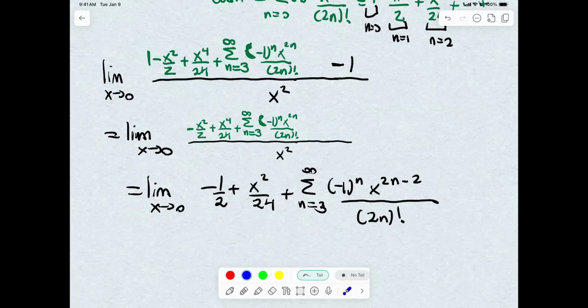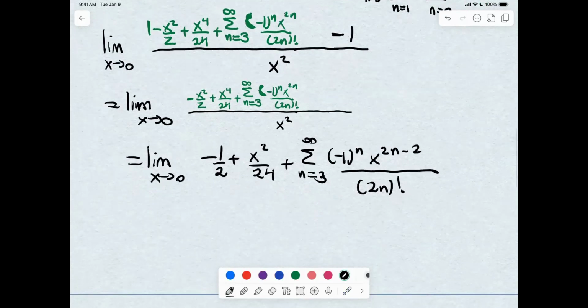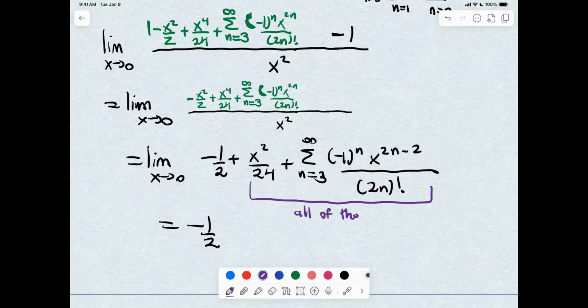The important thing here is that as x goes to 0, this will go to 0 because it has a power of x, and all of these also have powers of x, so they don't contribute in the limit. So in the limit, all of this goes away, and then you just get -1/2, which is the same thing as before. Because all of these become 0 in the limit.